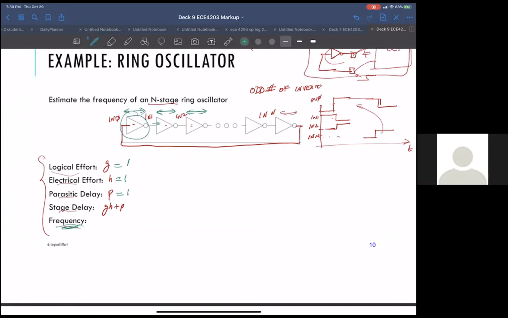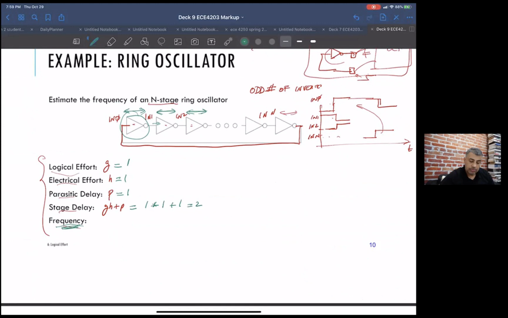So here we end up with 1 times G times H plus 1, which equals 2. H is one here, because you're just driving one other device that's exactly like yourself.